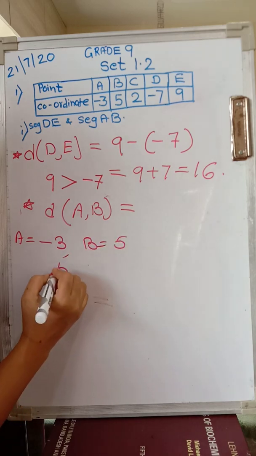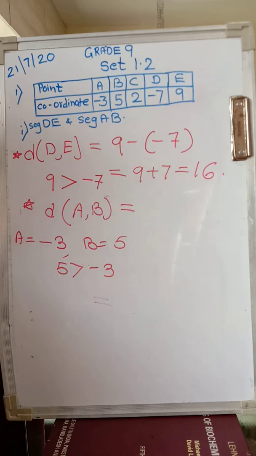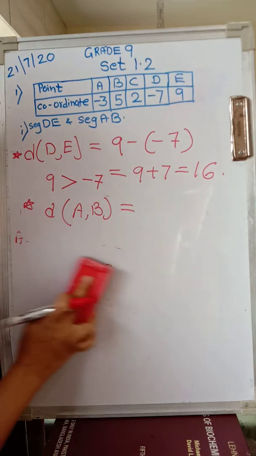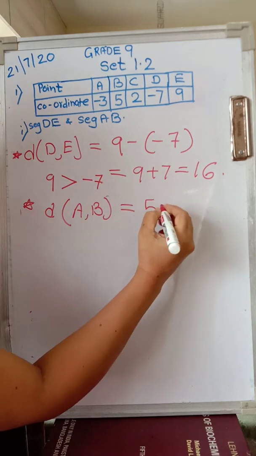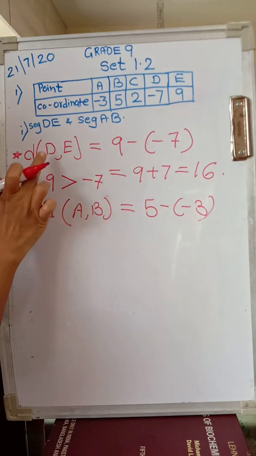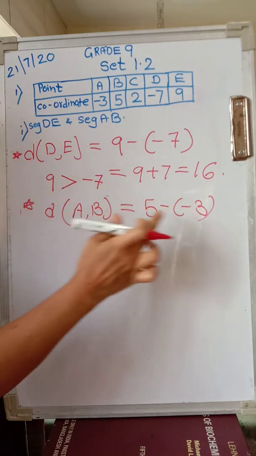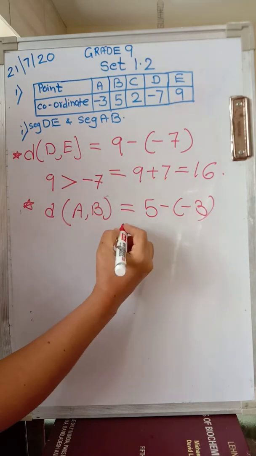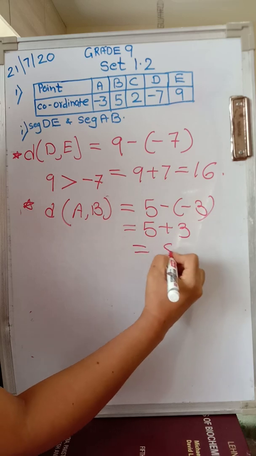Who is greater? 5 is greater than minus 3. So we'll be doing 5 minus 3. Do it in the similar way. First write what are coordinates of A, D, E and then decide who is greater and then find out the distance. So this comes out to be 5 plus 3, which is equal to 8.